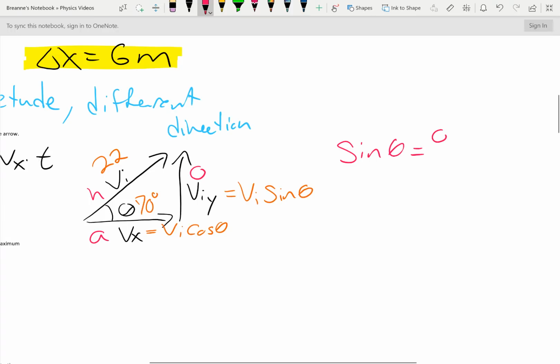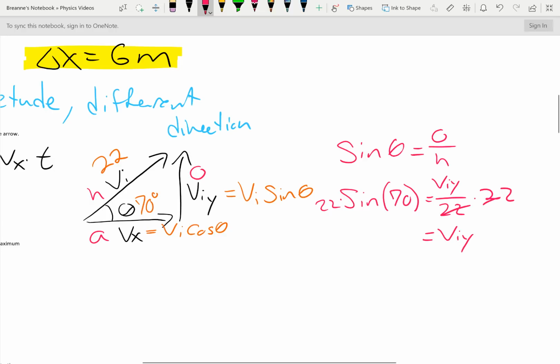Sine theta equals opposite over hypotenuse. If we plug in what we got, our opposite is the initial velocity in y, our hypotenuse is 22. When you get this by itself, you multiply both sides by 22, so your initial velocity in y is 22 sine of theta.